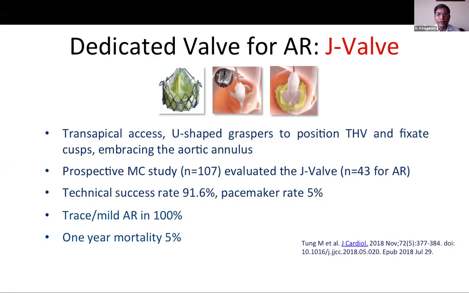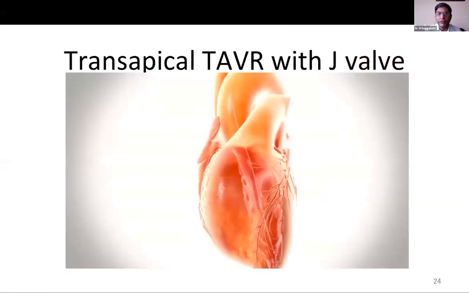It has been evaluated in about 43 patients with aortic regurgitation itself, and the technical success, similar to the Jenavalve, is seen in 92% of the patients, and pacemaker rates are much lower, about 5%. Trace to mild AR is seen in 100% of the patients and nothing more than that. One year mortality was about 5%, and this has been published in 2018 in a Journal of Cardiology.